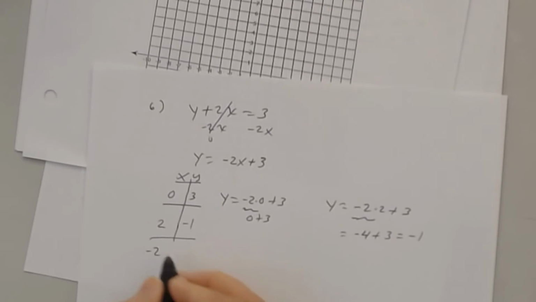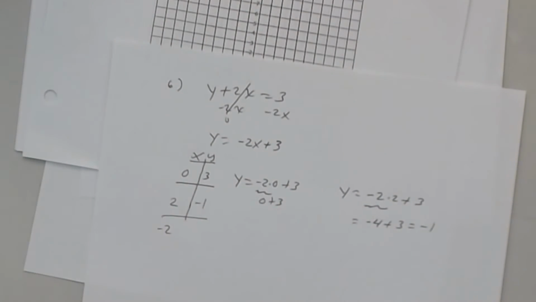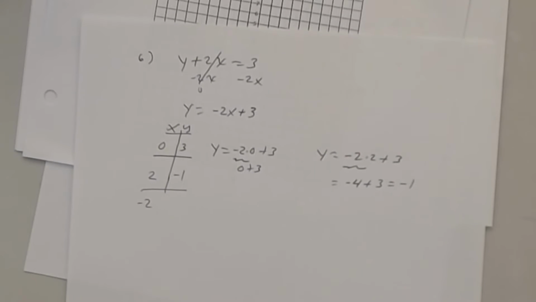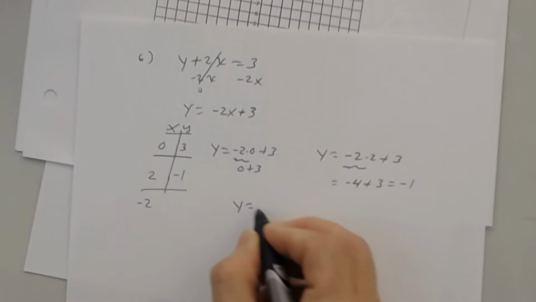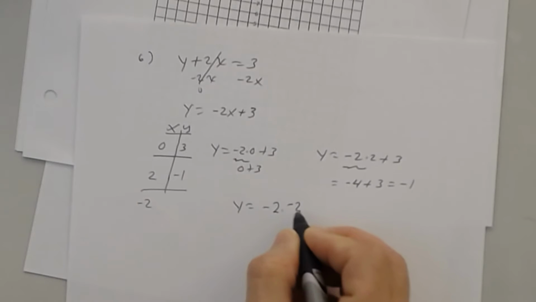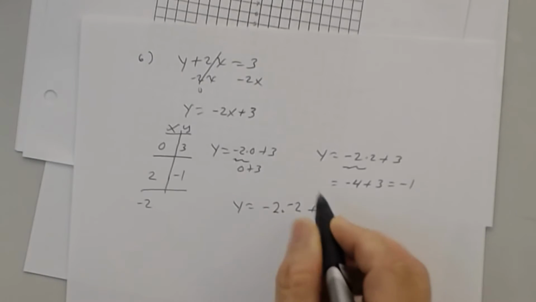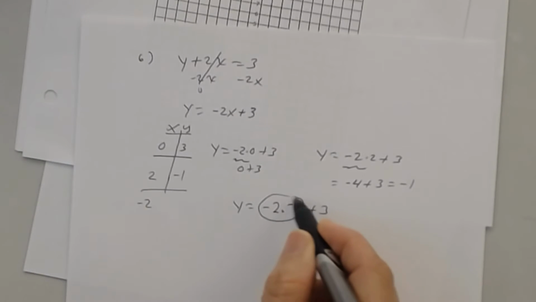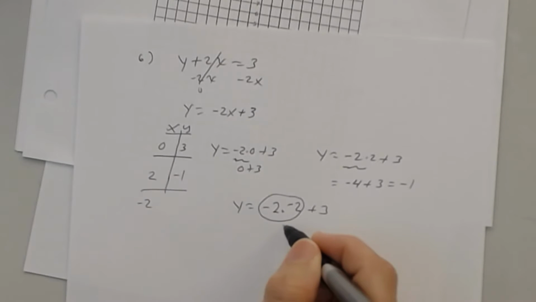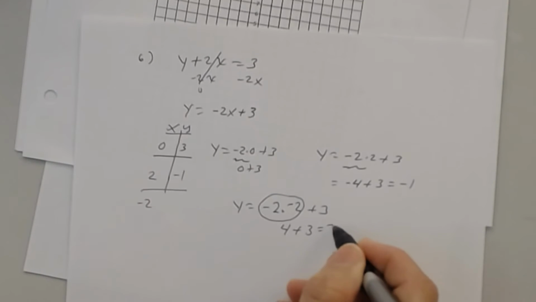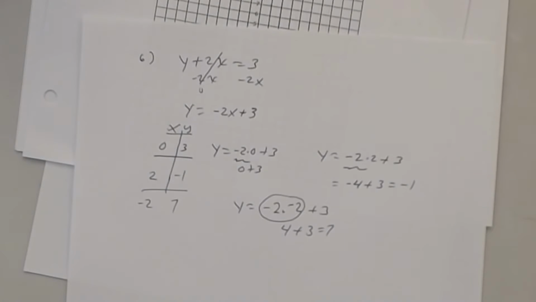All right, if x is negative 2, I get y equals negative 2 times negative 2, plus 3. What's a negative times a negative? Negative 2 times negative 2 is a 4. 4 plus 3 is 7. All right. Now, if you're doing this correctly, they all should lie on the same line.